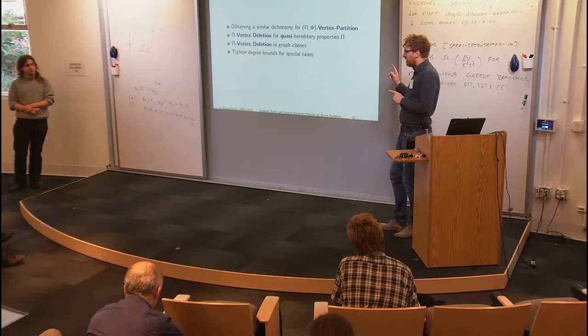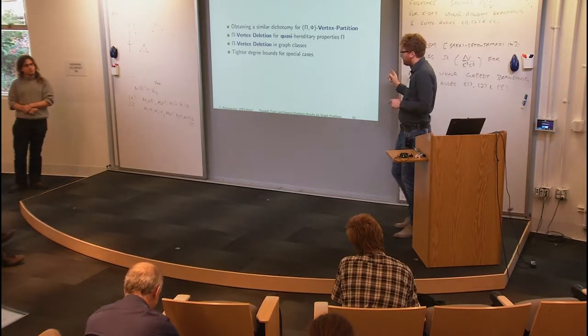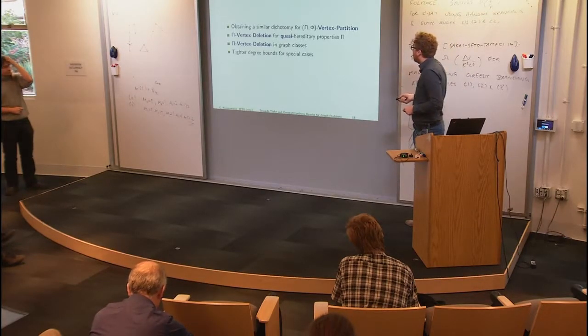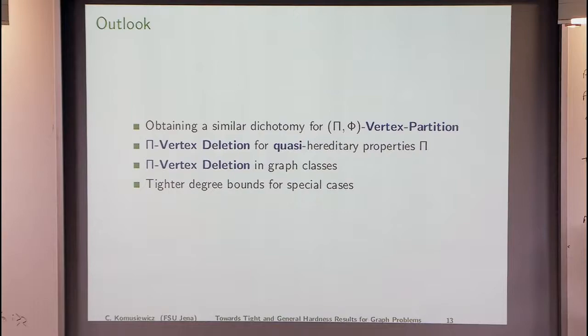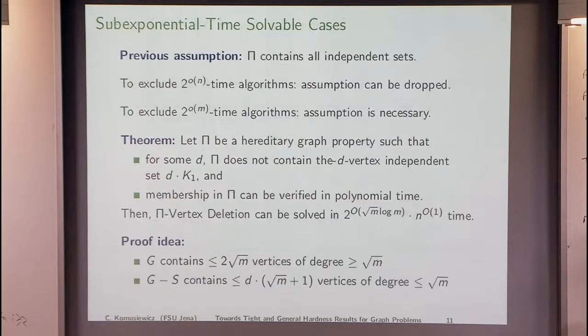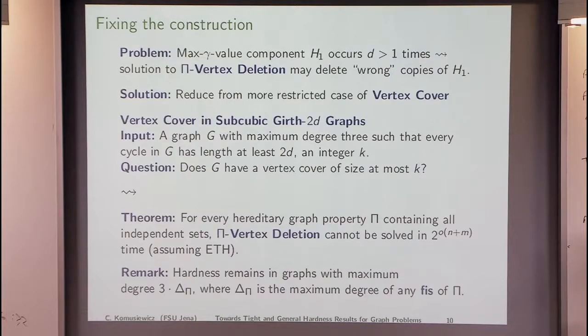But there's a small difference: here the bound is little o of m, which is somehow stronger than this little o of k for the edge deletions, because the number of edge deletions is usually smaller if you look at these properties that have all independent sets. And so there's still some way of, I think, improving on the arXiv result, but it's much more technical for edge modification problems.